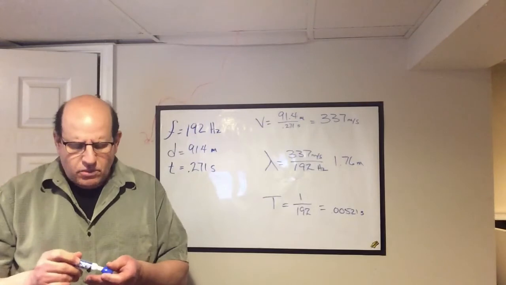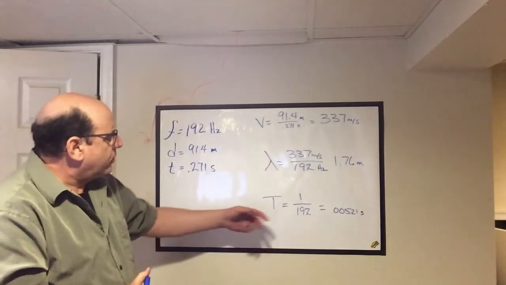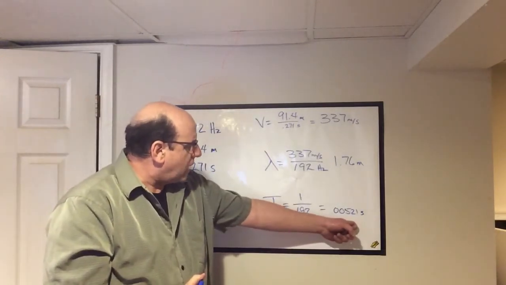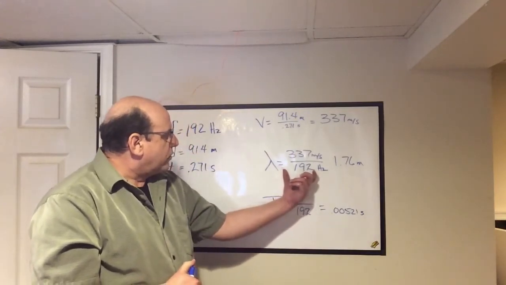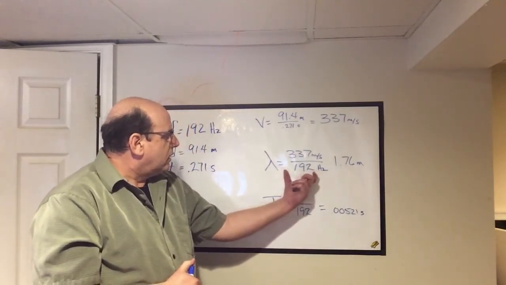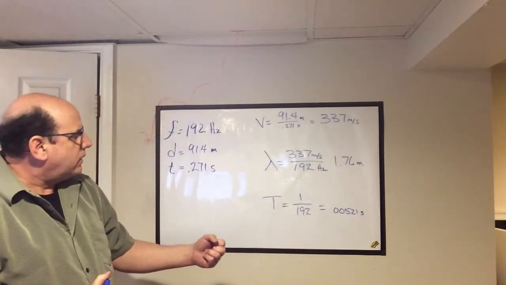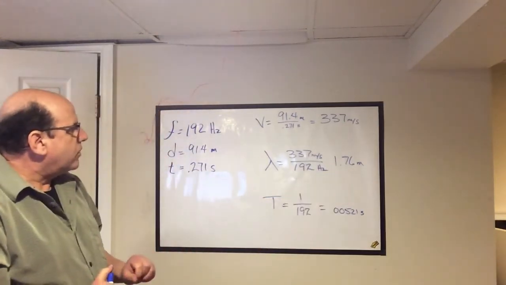The last thing says, what would happen if you changed the frequency? If you raise the frequency, it would be an even tinier bit of time, and the waves get even shorter. If this became 400, it'd be less than a meter for every wave.